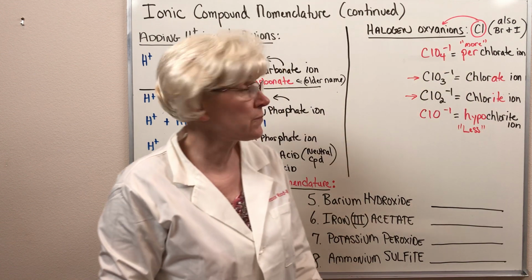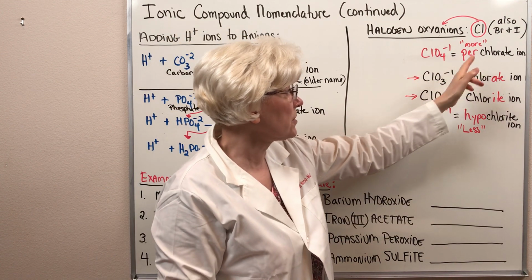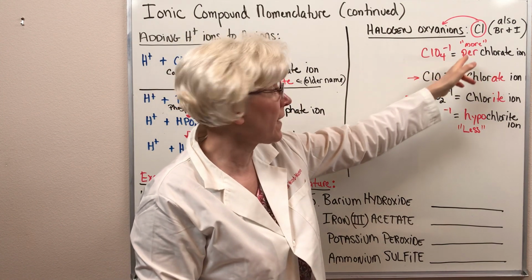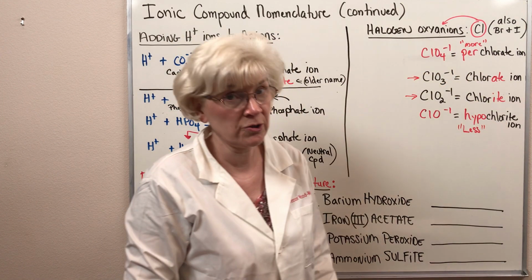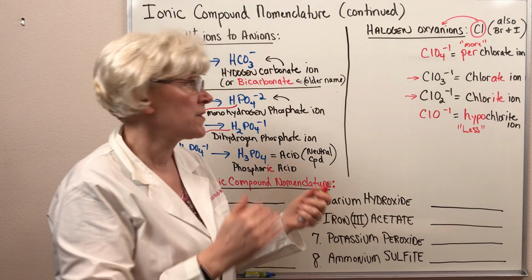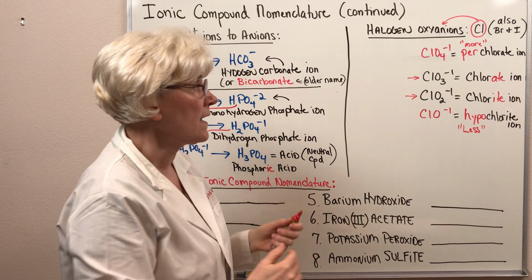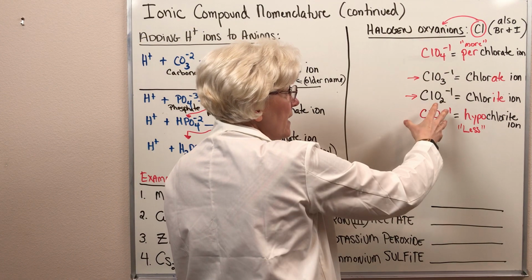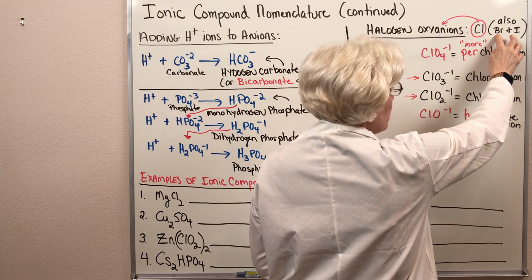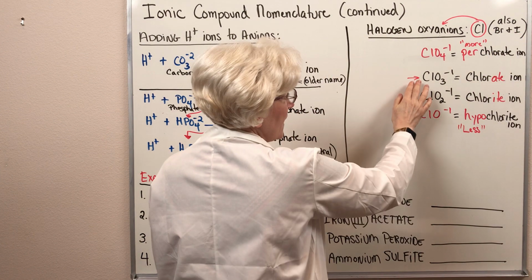We can attach the prefix per to the name chlorate and call ClO4-1 the perchlorate ion, 1 more oxygen than chlorate has. This same pattern is observed in both oxyanions of bromine and iodine.